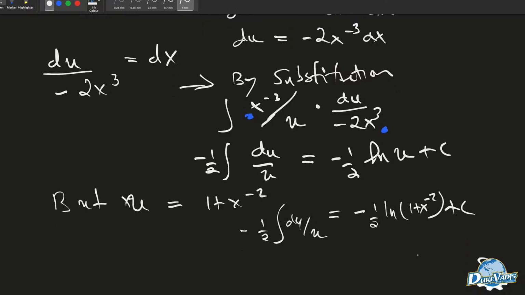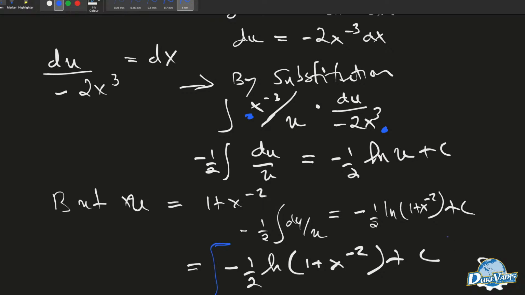So this is the integral. Our integral is now minus half natural log of 1 plus x raised to the power negative 2, into bracket, plus c. So this is the solution for this integration.